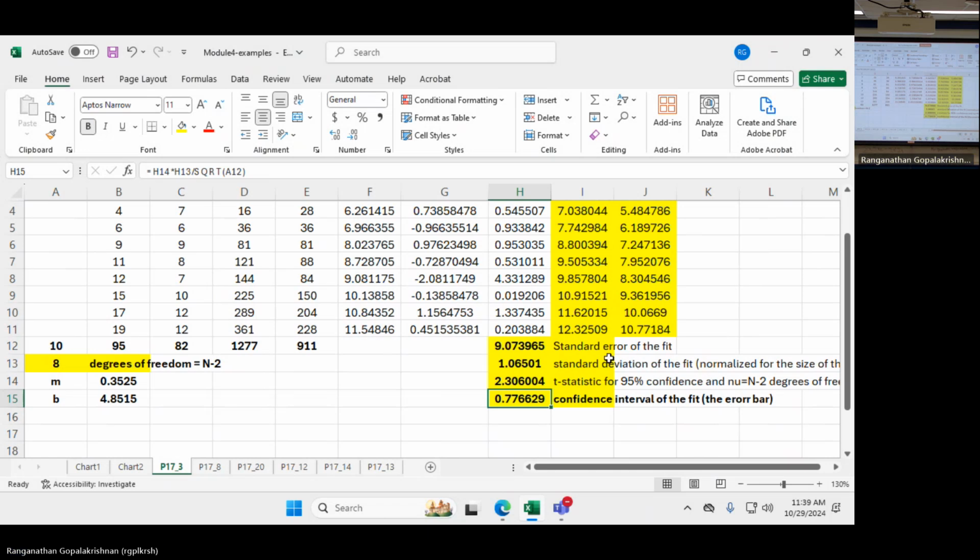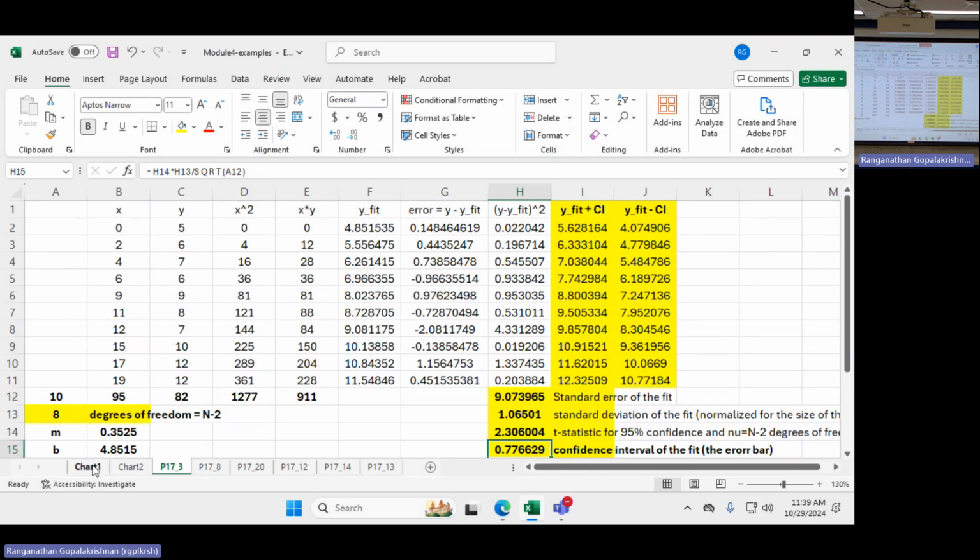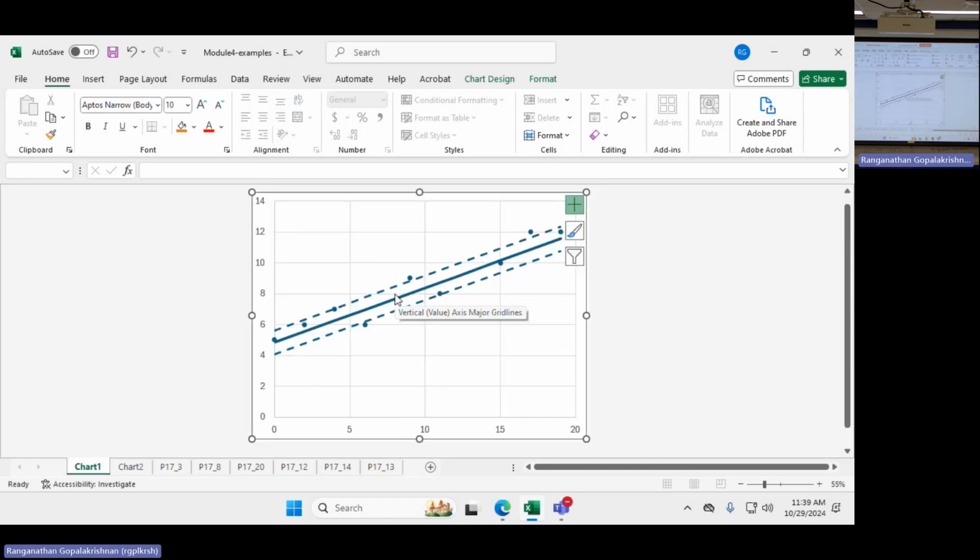Okay. All right. So if you have the confidence interval, how do you actually draw this band or the confidence interval around your fit? What is this dashed line and what is the lower dashed line? In other words, what is the meaning or implication of this confidence interval?